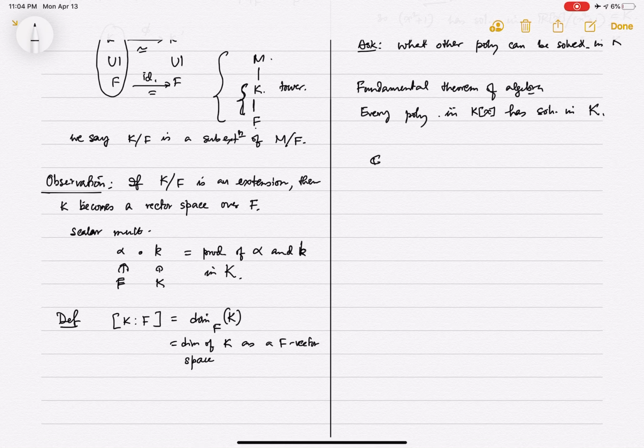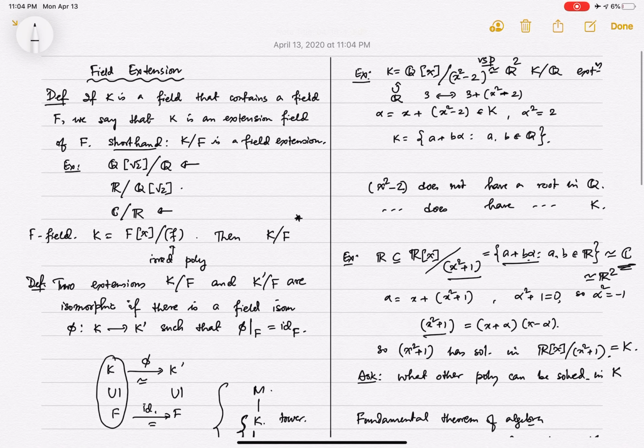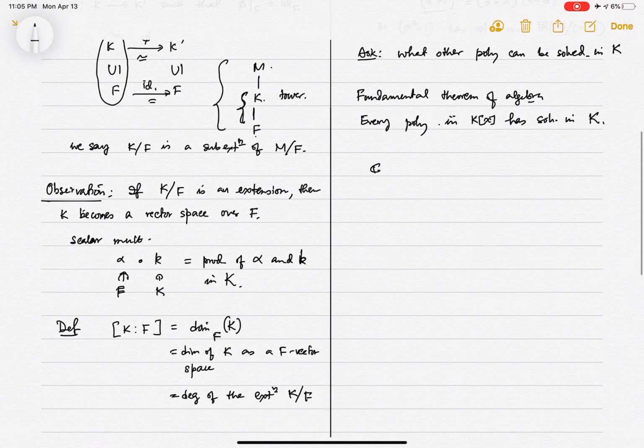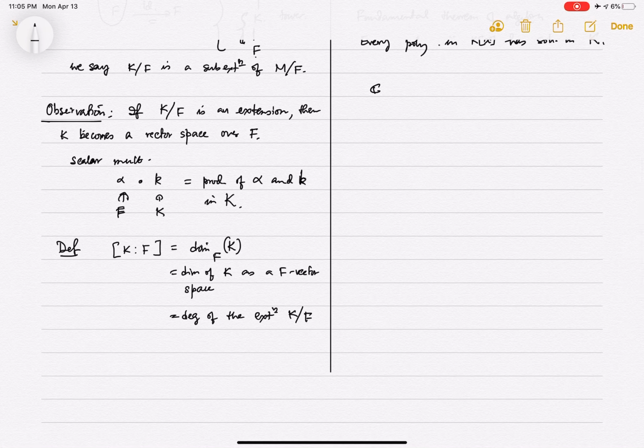And this is called the degree of the extension K over F. So both these have degree 2. This is a degree 2 extension. This is also a degree 2 extension. Okay. And we say that an extension is a finite extension if this degree is finite.